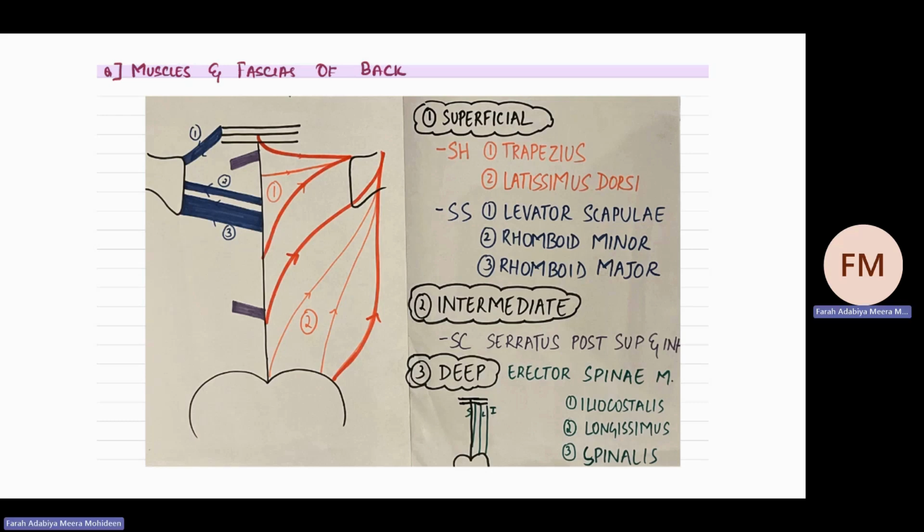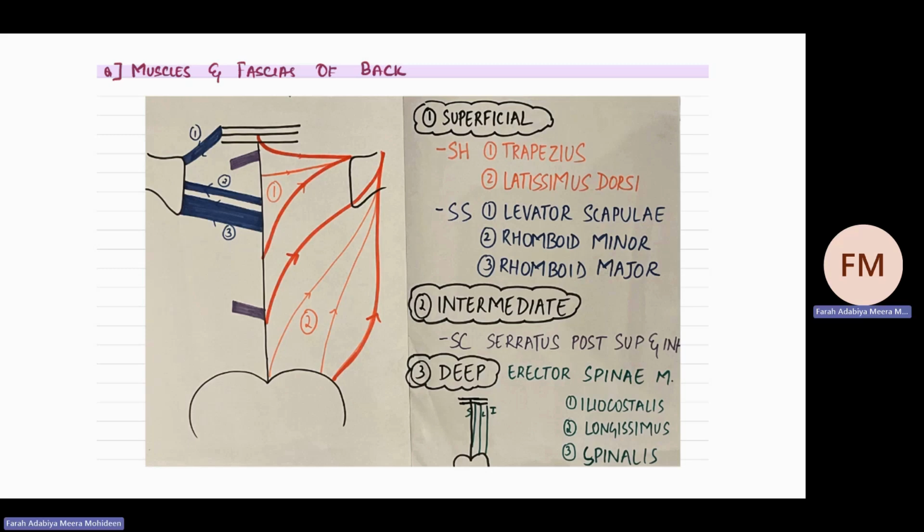When your transverse fibers contract, they retract your scapula. And when your lower fibers contract, they pull your scapula inferiorly. This is the major function of your trapezius. And this muscle is innervated by your accessory nerve.